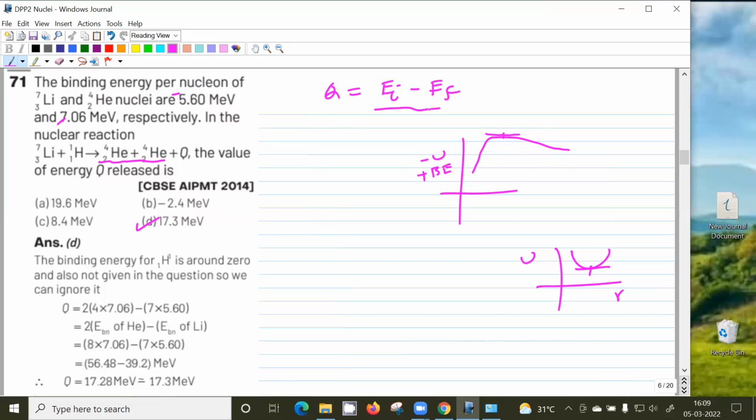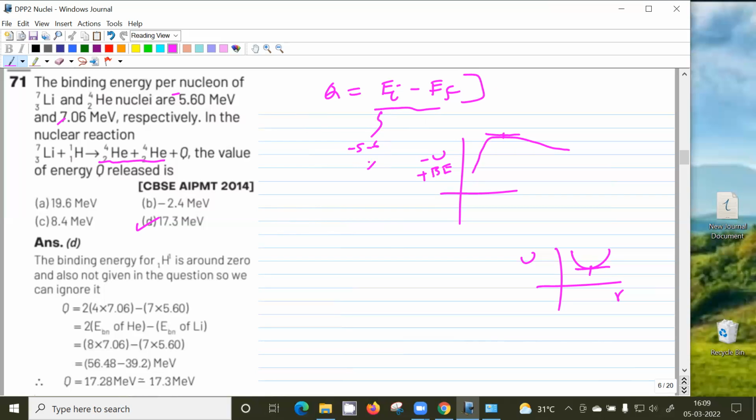So then you will get it as the equation: E final minus E initial, am I right, sir? Whatever way is convenient for you, what I will remember is this one, and I'll take this as minus 5.6. The reactant is lithium only, right?